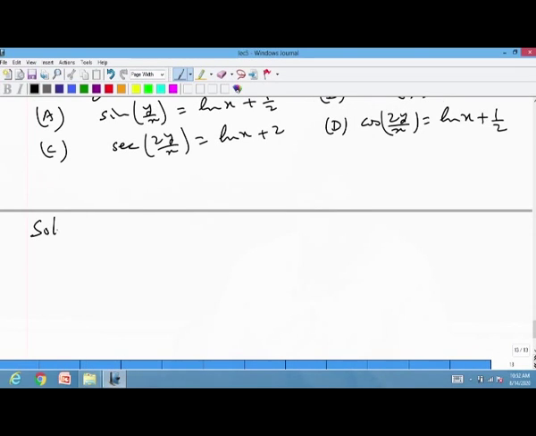So, we know that the slope of tangent at a point (x, y) on the curve is given by dy dx. So, we are given dy dx is equal to y by x plus secant of y by x, for x bigger than 0.